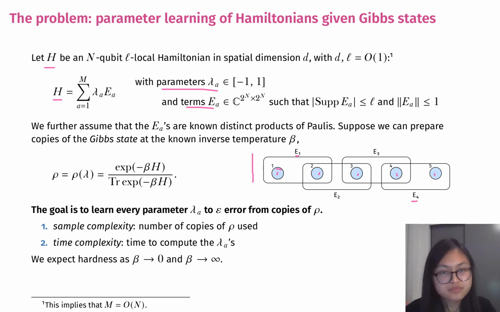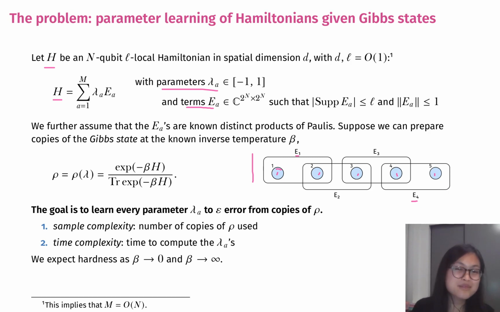And we are supposing that we can prepare copies of the Gibbs state corresponding to the Hamiltonian H at a particular inverse temperature beta that we know. So the idea here is that we have the ability to prepare these Gibbs states, which maybe we have a lab and we can make the state evolve with like a heat bath attached to it or something.